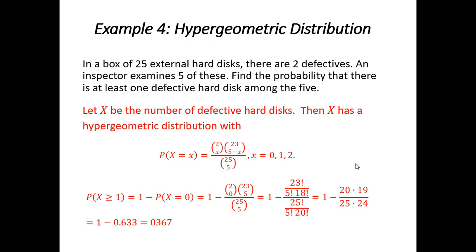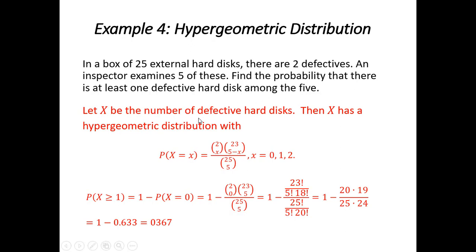Okay, so suppose we have a situation where in a box of 25 external hard disks, there are 2 defectives. Now, an inspector examines 5 of these. We want to find the probability that there's at least 1 defective hard disk amongst the 5. So we define our random variable.